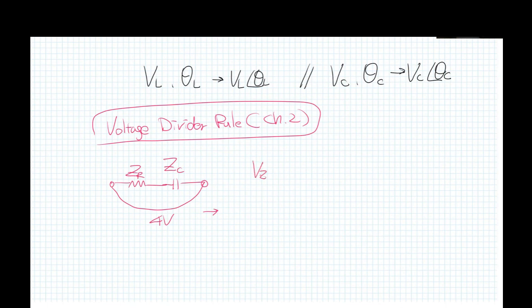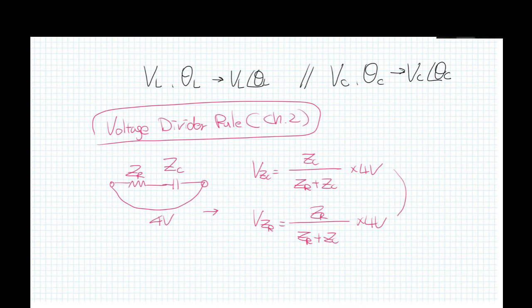V sub C is Z sub C over Z sub R plus Z sub C, multiplied by the full voltage. V sub R is Z sub R over Z sub R plus Z sub C, multiplied by the full voltage. So the full voltage is V sub R plus V sub C.